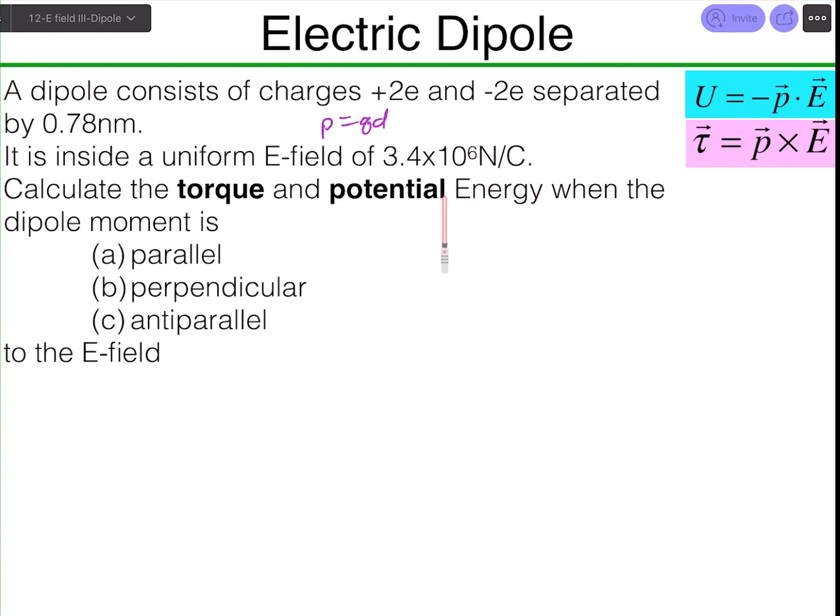Calculate the torque and the potential energy when the dipole moment is parallel. So when it's parallel, that means when theta is 0. When it's perpendicular, that means when theta is 90 degrees. And when it's anti-parallel, that means when theta is equal to 180 degrees. Okay.